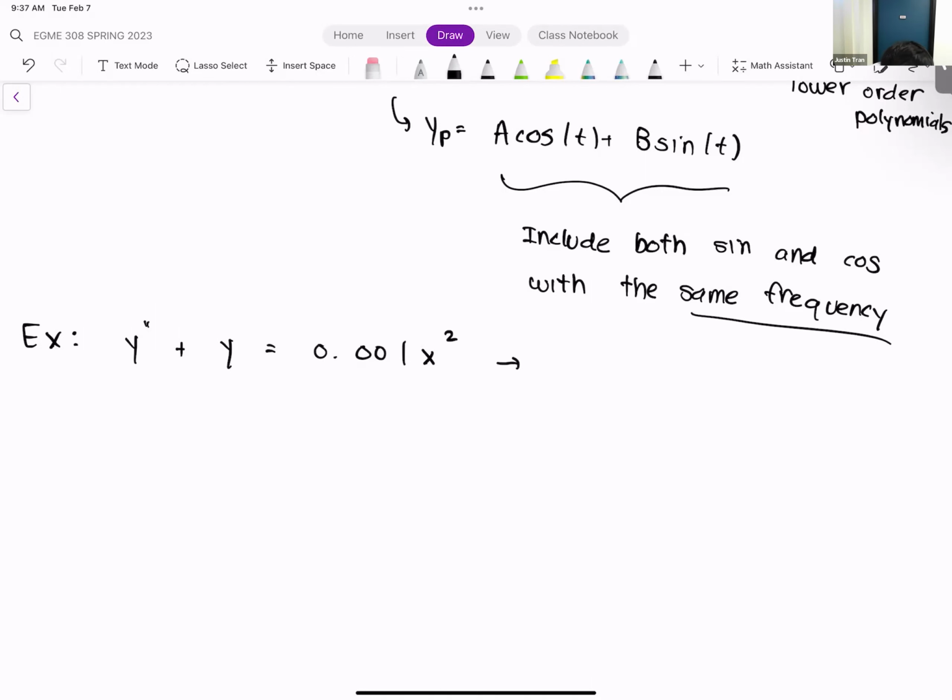For this problem, I don't think I have initial conditions, so let's just solve for the full solution. We're not given any initial conditions, so we're just going to leave it in terms of the arbitrary constants. That's okay, because the main point of this example was to look at the undetermined coefficients.